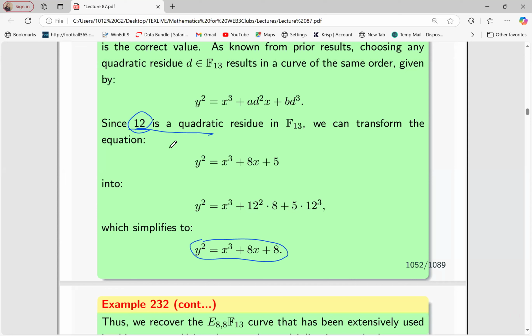But if I would have picked anything else that is a quadratic residue, I would have gotten another equation that has 20 points, but it would not have been this one. Because at the start, we wanted one that has 20 points, and we also wanted it to be in a given field, mod 13. So that is what we would have done.